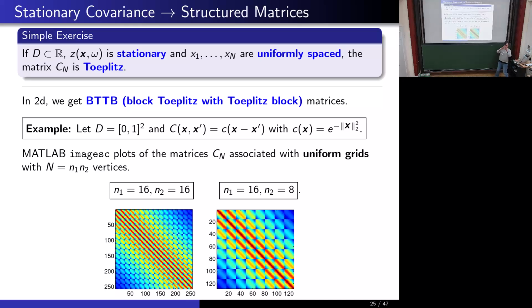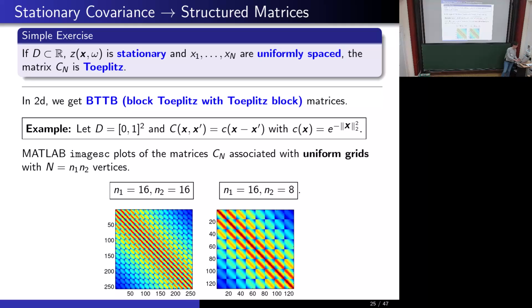Let's say I take my domain, a square or rectangle, and I use uniformly spaced points in that direction and uniformly spaced points in that direction, and my covariance is stationary. The matrix will look like this. So what does it mean to look at a matrix? If you are a MATLAB person, put your hands up. Okay, not too many. Python? Okay, more Python people.